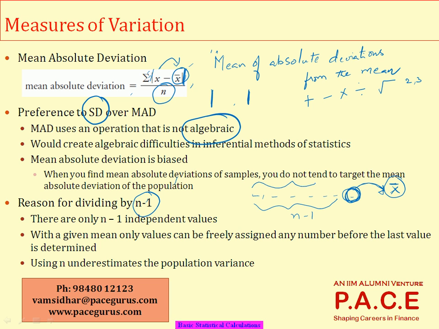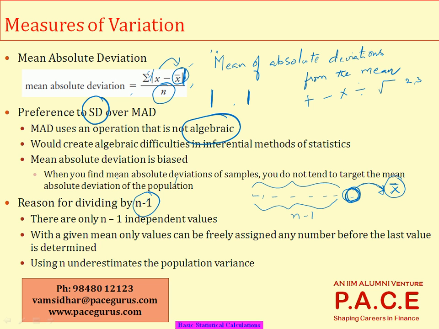So only n minus 1 values can be freely assigned any number, but the last value cannot. From that standpoint, the last number is not a free data point anymore. It's an adjusting factor to produce your mean of x bar. Because there are only n minus 1 independent values, in finding the standard deviation of the sample, we divide by n minus 1 and not n.